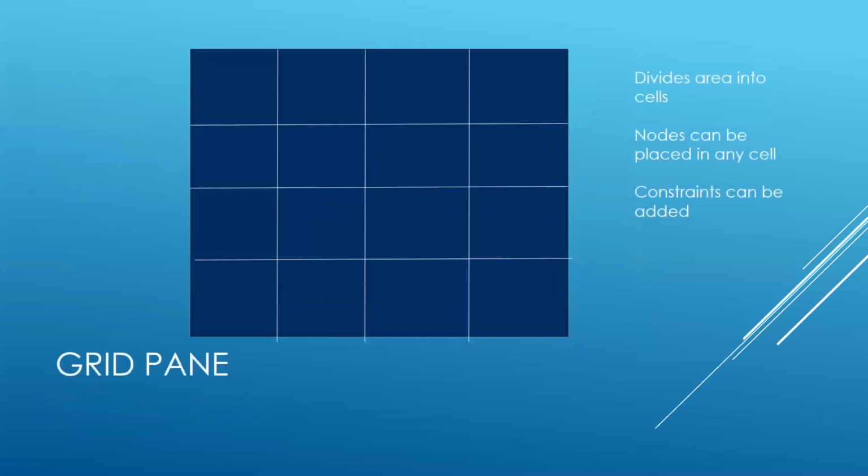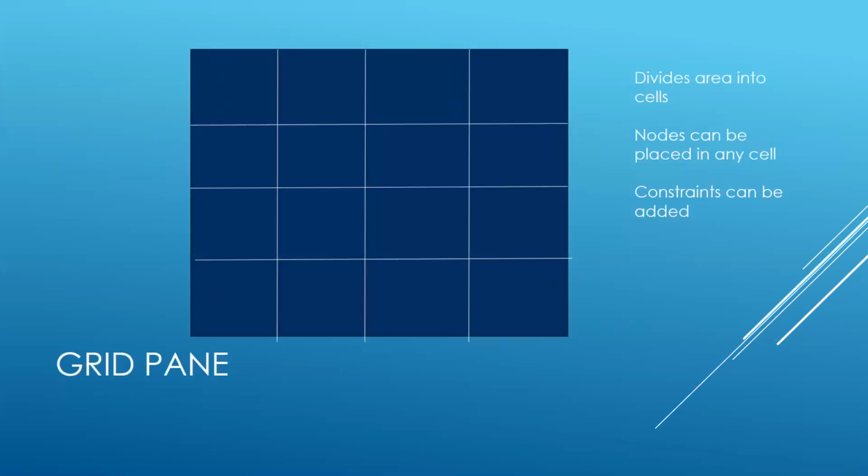A grid pane, you know you've seen these ones. A grid pane gives us a whole bunch of different cells. So it just kind of separates the whole windowed area into a series of rows and columns. Whenever we're looking at a grid pane, again, we can specify, if I want to add a button into this pane, which grid position it went in.